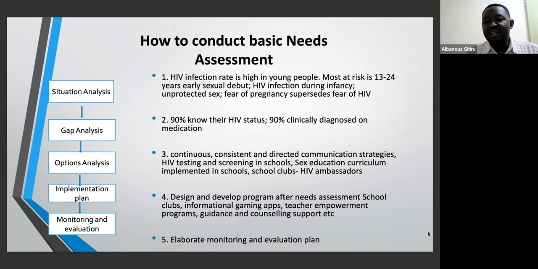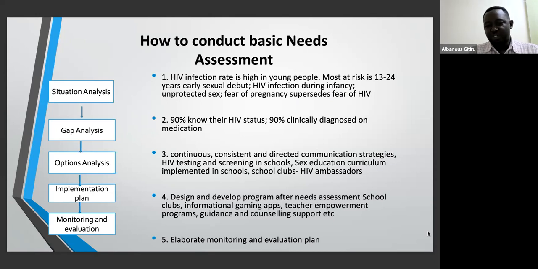We can see that there is HIV infection during infancy, because children are born from HIV parents. Then again, still within this community, there is unprotected sex. But one thing that really surprises me is that there is a great fear of pregnancy that supersedes the fear of contracting HIV. So this is the situation that we are in.